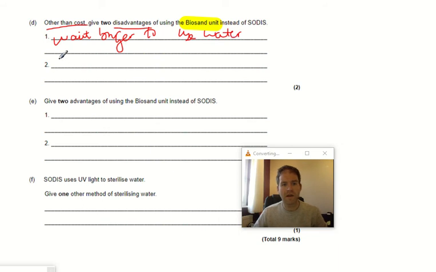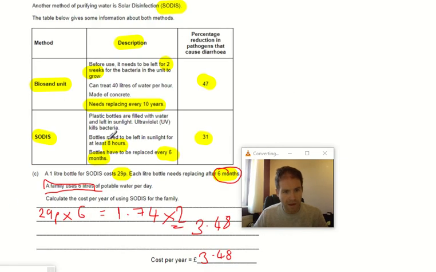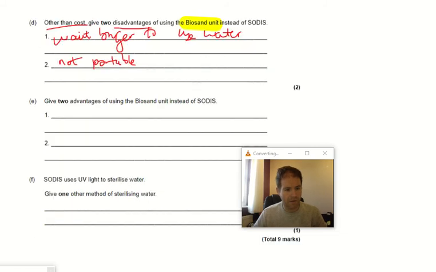And then secondly, it's not very portable. If you can remember why, it said that it's made of concrete, so you can't just easily move that around.